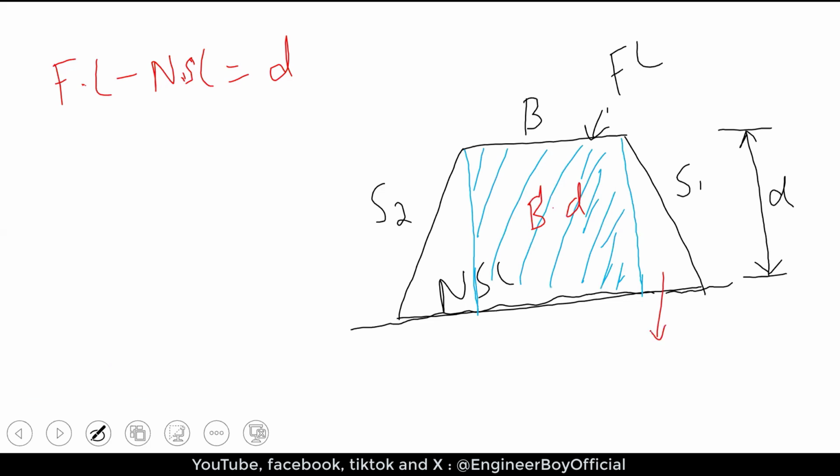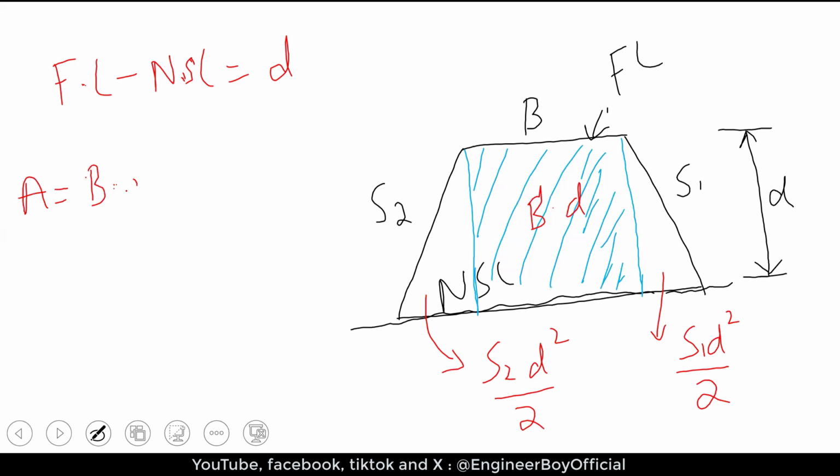So the area of this side should be S1 D square divided by 2, and for this side, the area should be S2 D square divided by 2. It means the total area of the same section should be BD plus S1 D square divided by 2 plus S2 D square divided by 2.